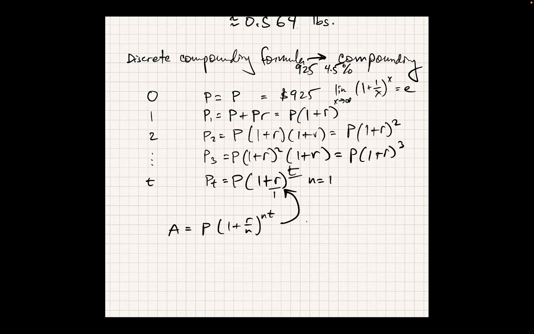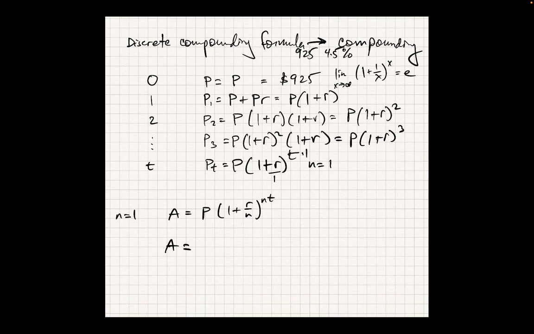R over 1, and 1 times T. For N equals 1, it's the same formula. So with the number of compoundings per year, this is the formula if you compound once per year.